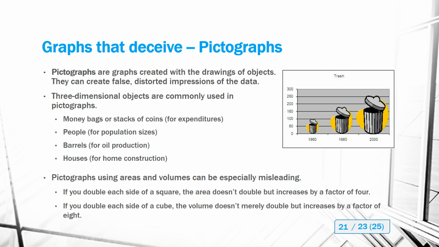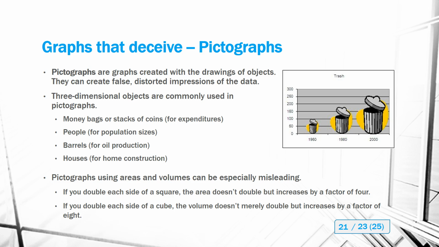What you're doing is increasing the area by a factor of 4, because area is length times width. So you're going to take each of those sides, 2 times 2, and the area increases by a factor of 4. Likewise, with a cube, volume doesn't merely double just because you double each side of a cube.